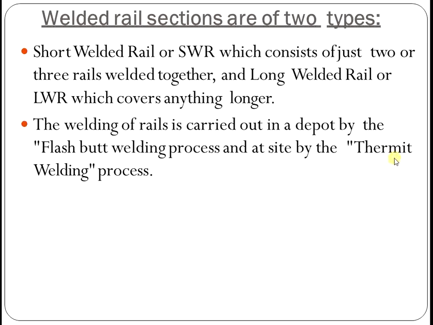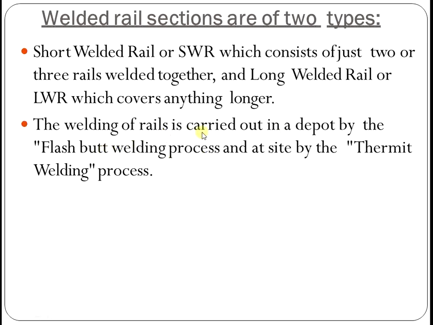The welded rail sections are of two types. The first is short welded rail, where just two or three rails are welded together, and long welded rail, which covers anything longer. That means if the requirement is short welding, we connect two or three rails at a time, or if the requirement is long welded rail, it covers anything longer.